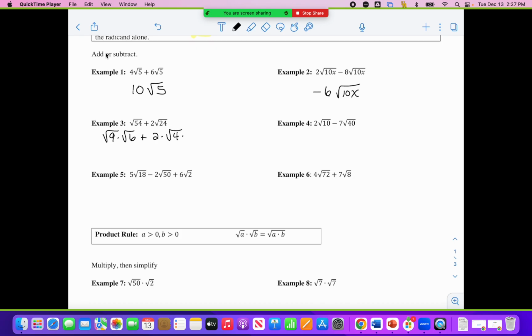And this is the square root of 4 times the square root of 6. So this is 3 square root 6 plus 2 times 2 square root 6. Then you multiply the numbers out front.